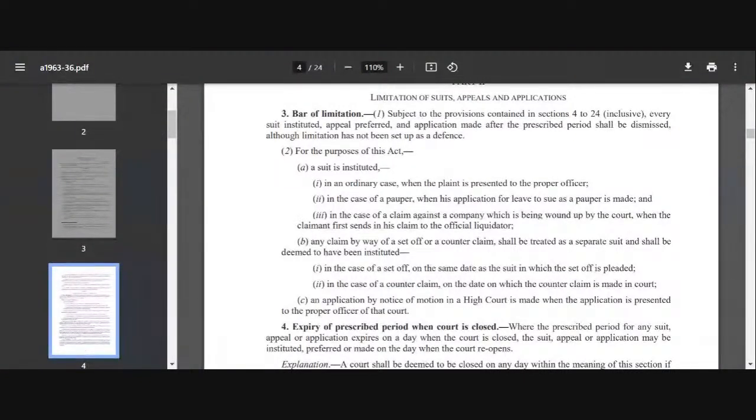So, for example, if I have filed a suit against you on 1st January, and my limitation ends tomorrow, on 2nd January.